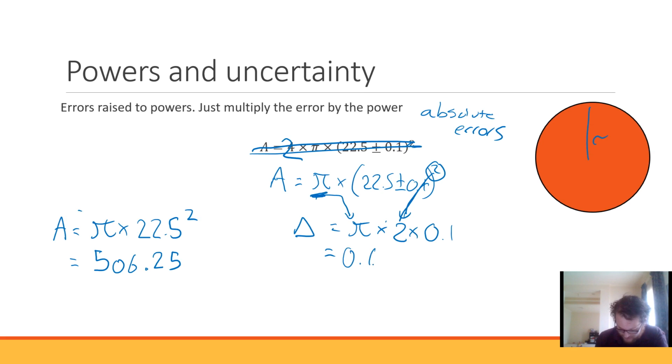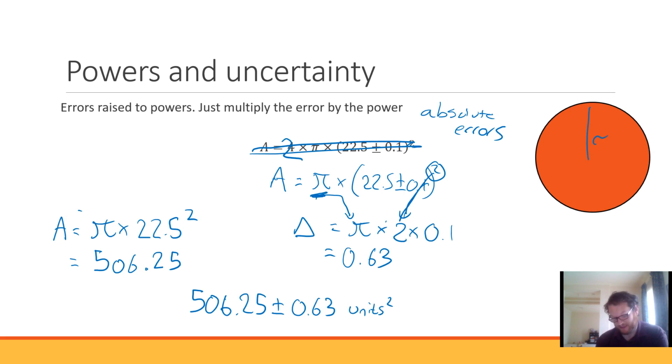We'll go with 0.63. So the final answer becomes 506.25 plus or minus 0.63 units squared. I didn't actually give a unit here, so it's kind of big.